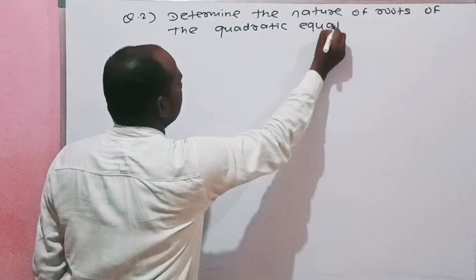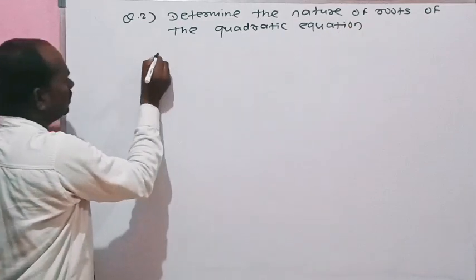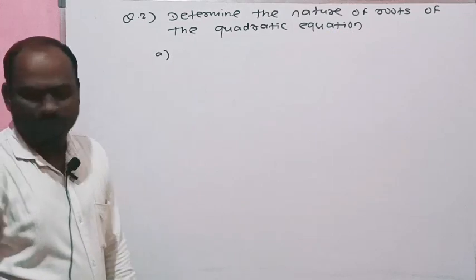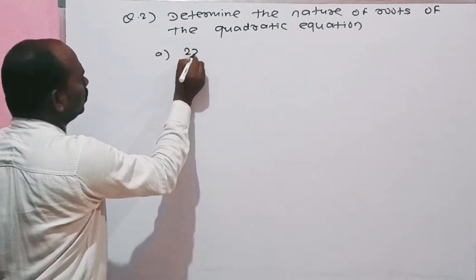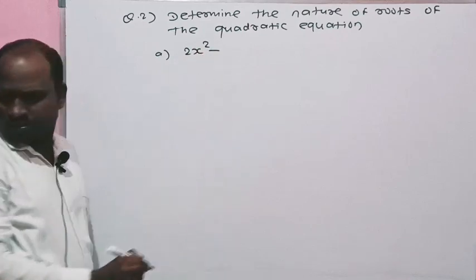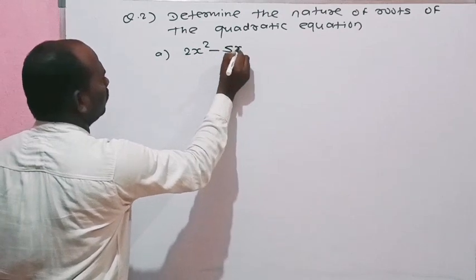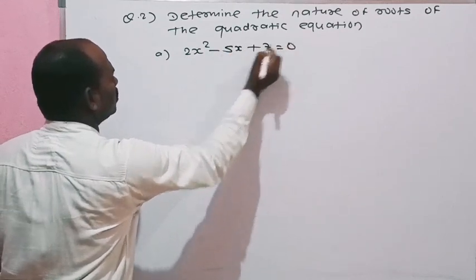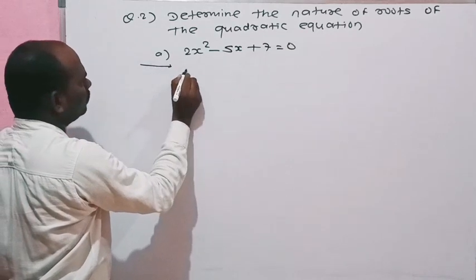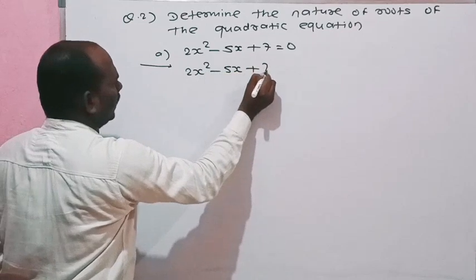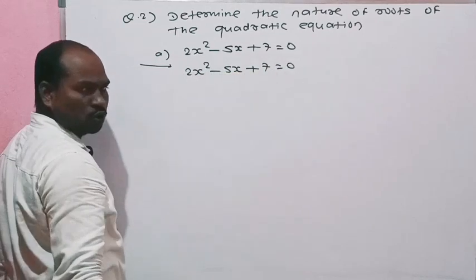The first example is 2x square minus 5x plus 7 is equal to 0.